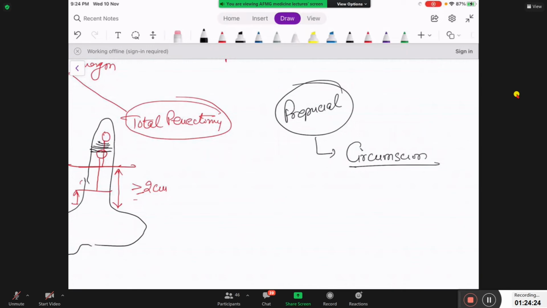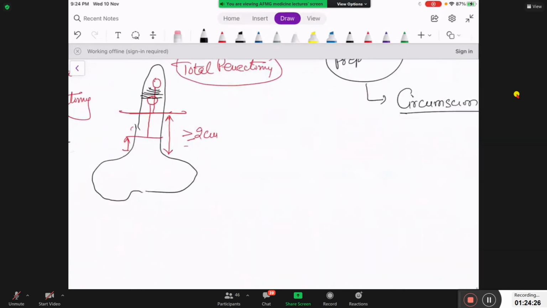Important. Another important point, we know that the most common presentation of penile malignancy is a painless ulcer. And you can appreciate that this ulcer, at the location it has, has very high chances of getting infected, because it's a dirty area.